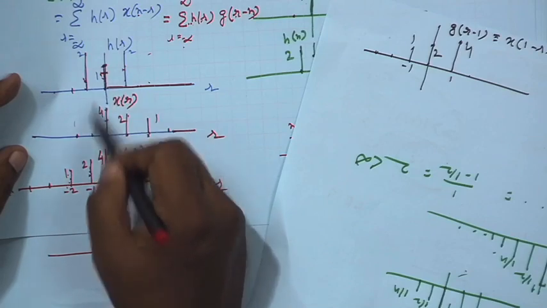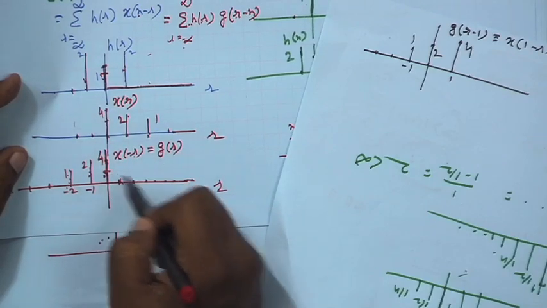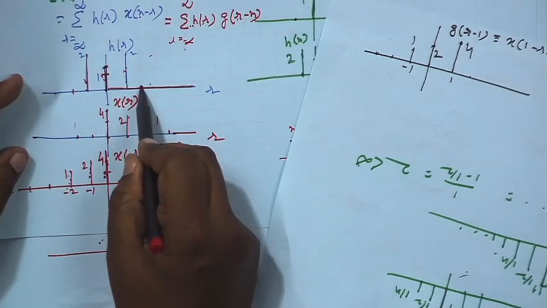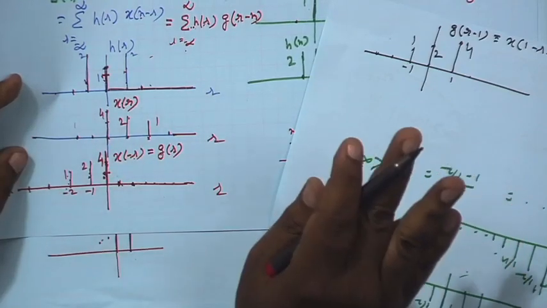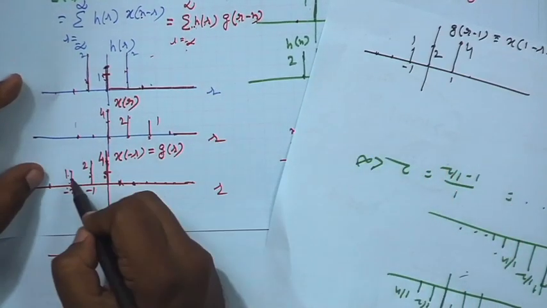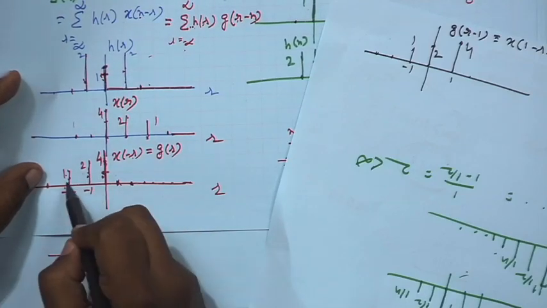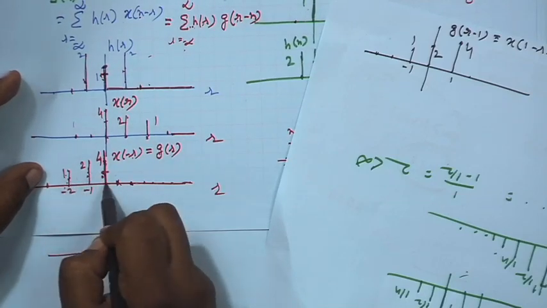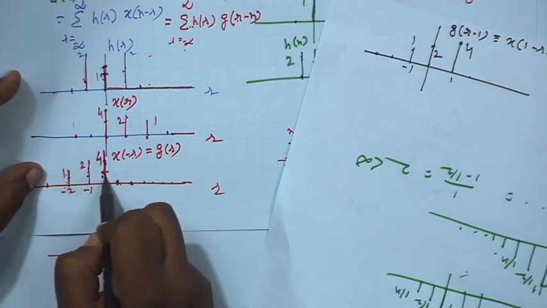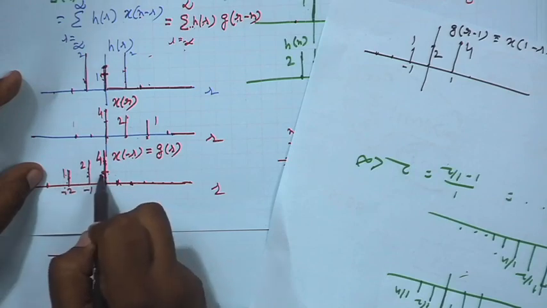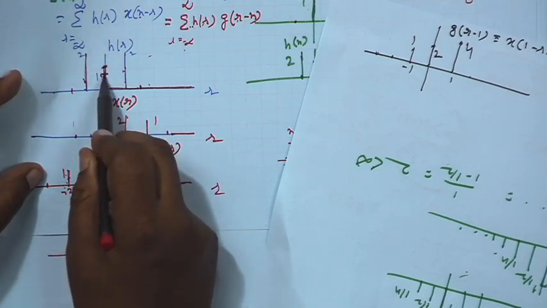So, 2 into 2, 4, and 1 into 1, 1. 4 will come here, but that has 0, so no contribution. So, only minus 1 will come with this, because it is shifted by 2. So, minus 1 will come here, 1 will come here from point number minus 2 to point number 0, it will jump by 2, it will find 1.